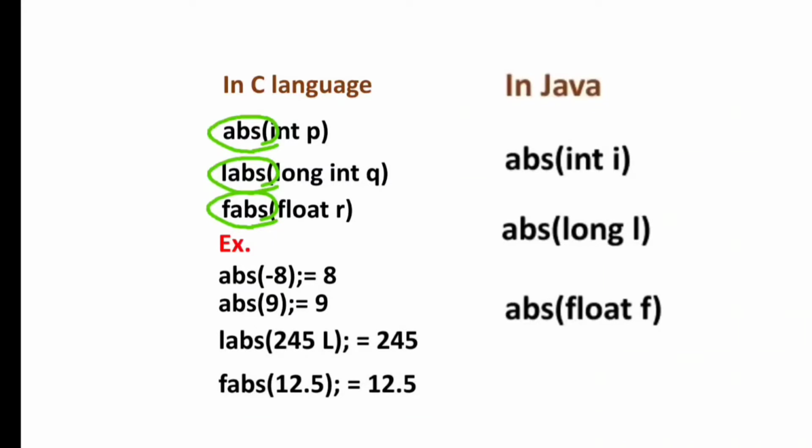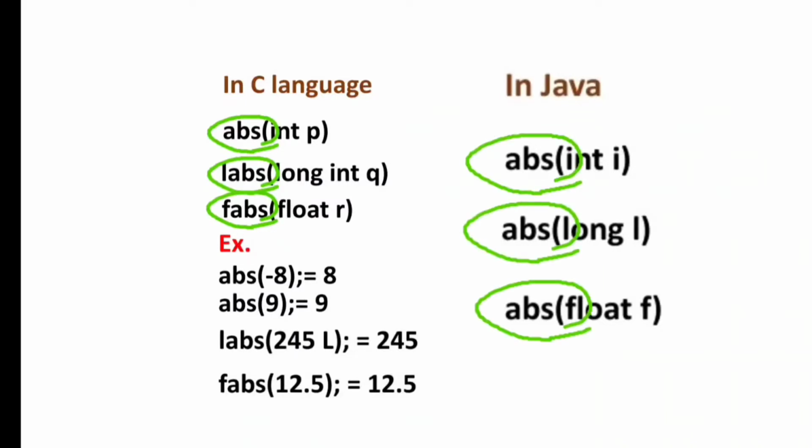Okay, but this type of situation doesn't occur in Java because Java supports method overloading, and in Java only one ABS method is used, and we just need to change the parameters, and hence programmers don't need to remember the name of each method, and hence it reduces complexity and the code becomes more readable. And readable means code should be easily read and understood, and readability increases code quality.